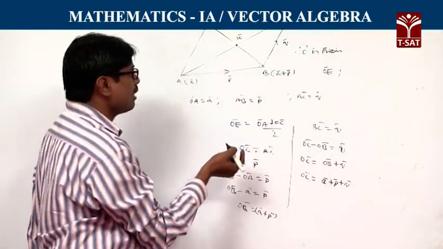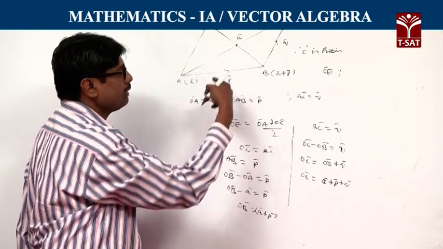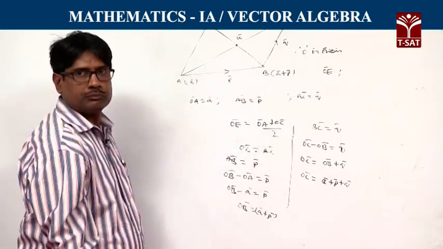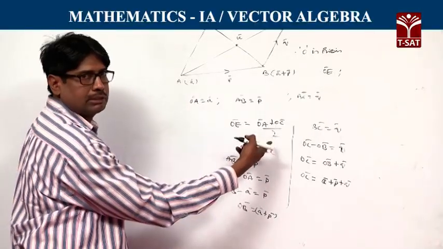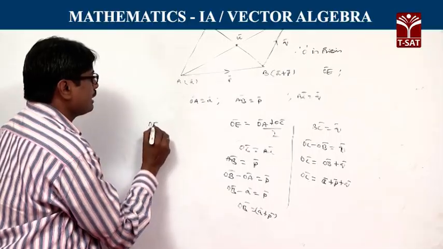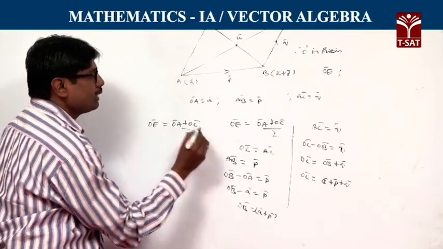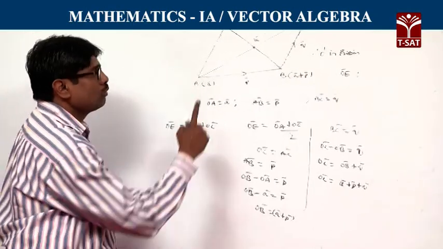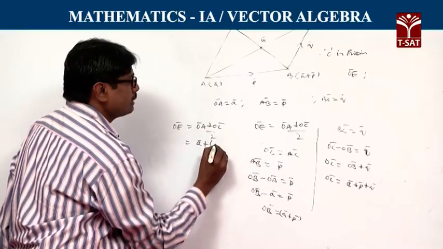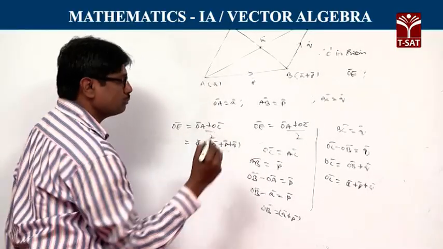With the help of the origin, we expressed B bar and C bar in terms of A, P and Q. Now, E is the midpoint of OA bar and OC bar. So OE bar is equal to OA bar plus OC bar divided by 2. OA bar is already given as A bar, and OC bar we calculated, that is A bar plus P bar plus Q bar, divided by 2.